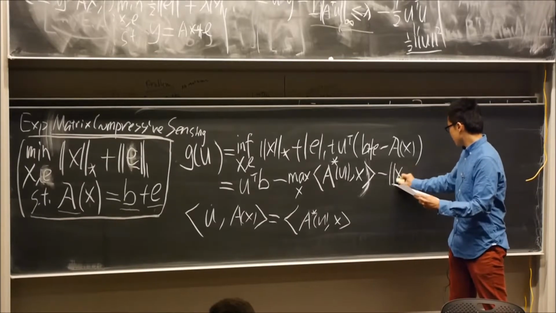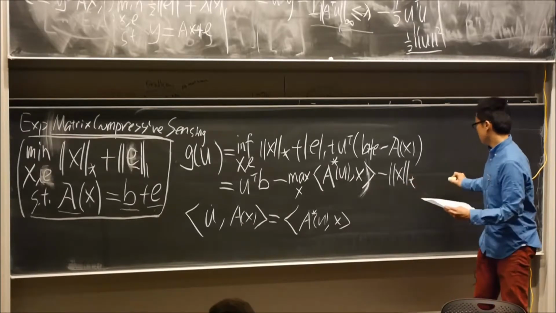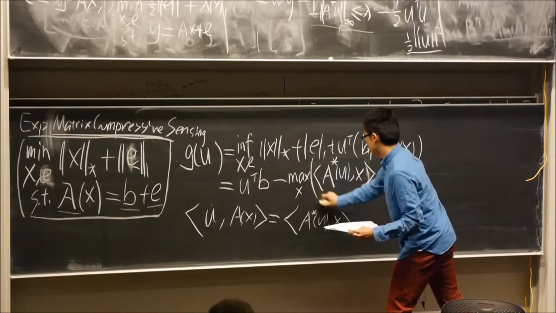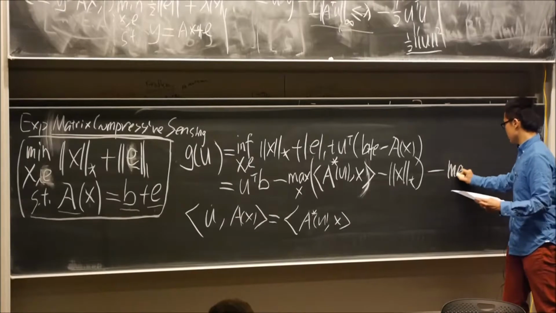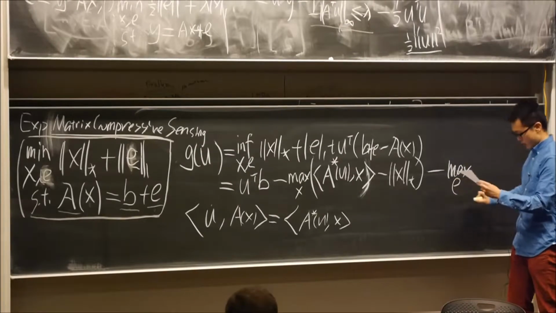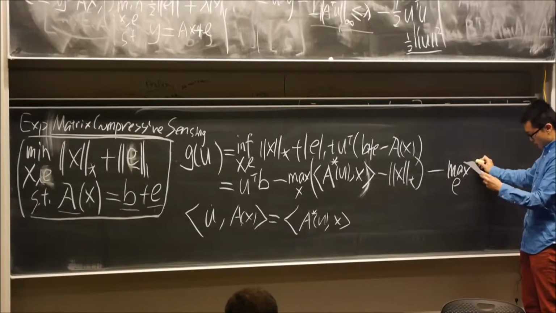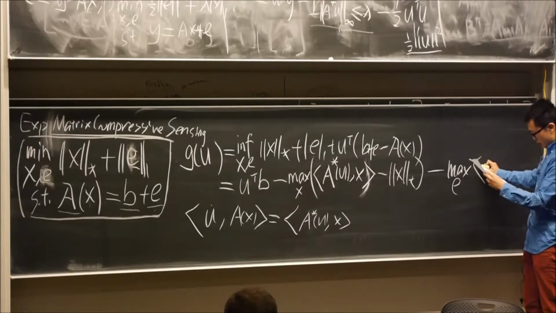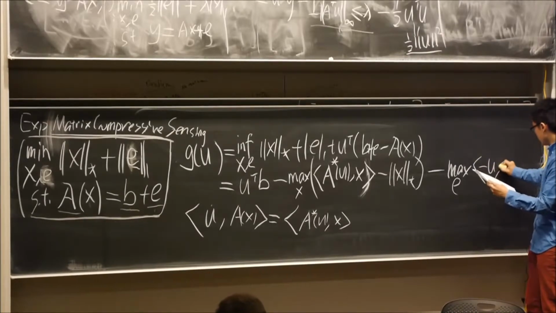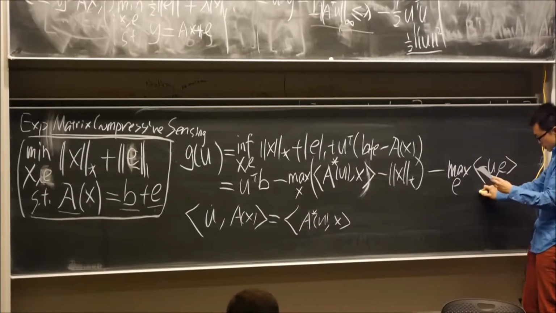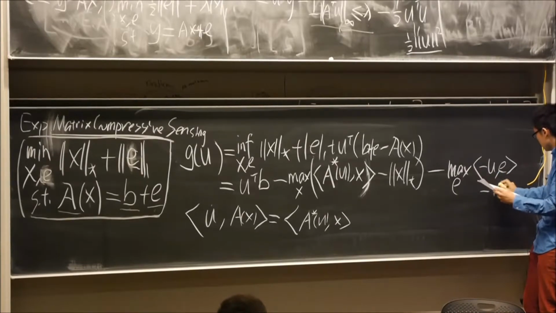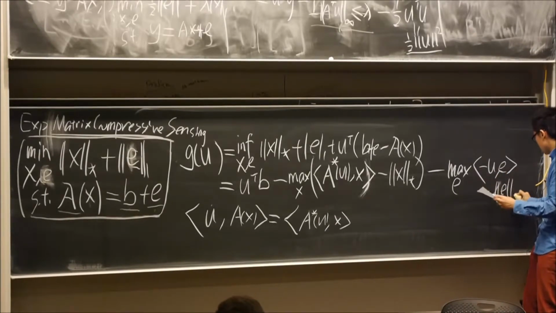Minus x nuclear norm. And then I have another thing, maximize over E. What is that? It's negative <U, E> minus 1 norm.